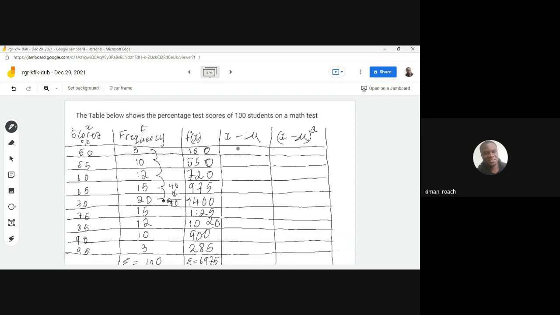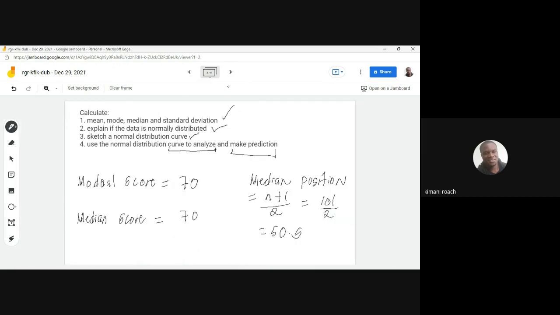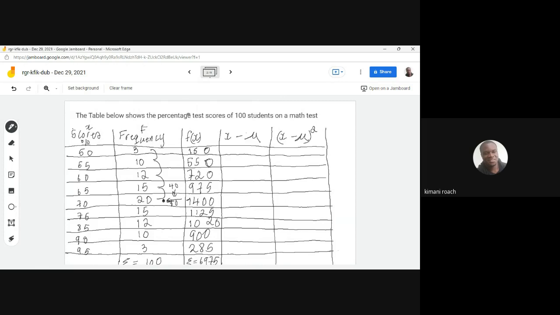So here we have our first value here being 50, midpoint value, and we're going to subtract the mean value from that. So we're going to subtract 70 from that to give us -20. And we're going to do it to all our midpoint values here.